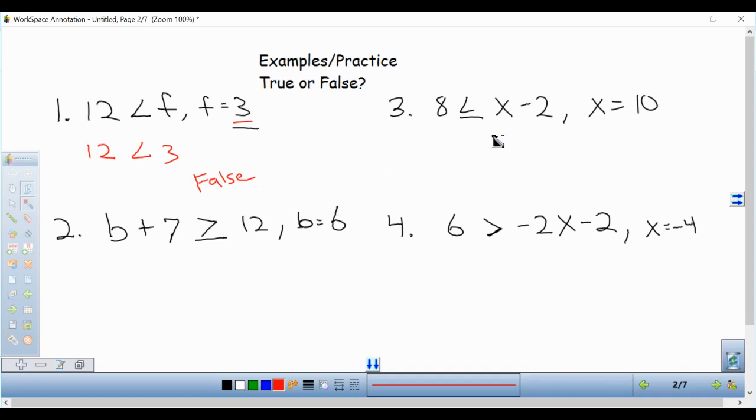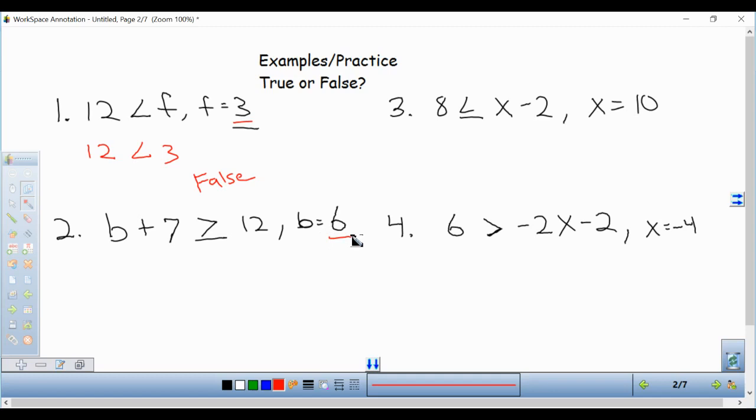You'll have to do this on one of the IXLs later. That's number 2 first. Number 2 says b plus 7. And then here, look at this line. This line means equal to. So b plus 7 is the big mouth greater than or equal to 12.